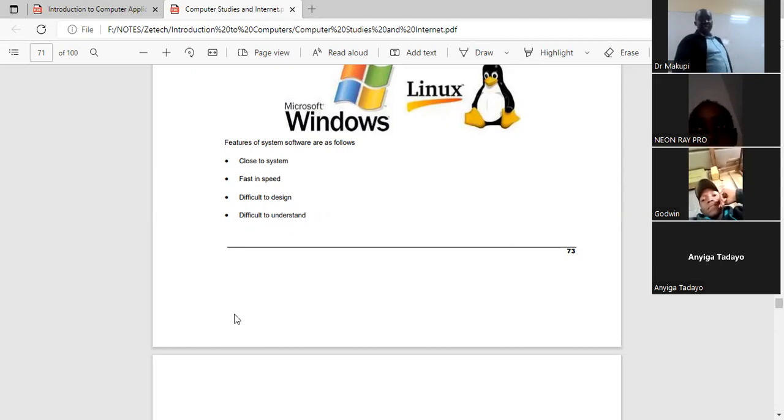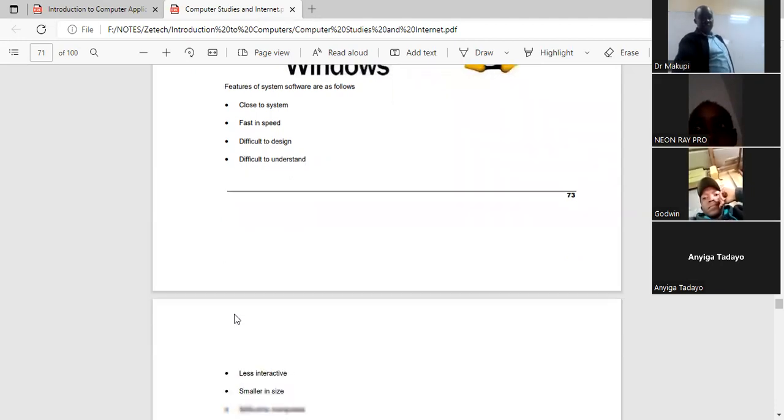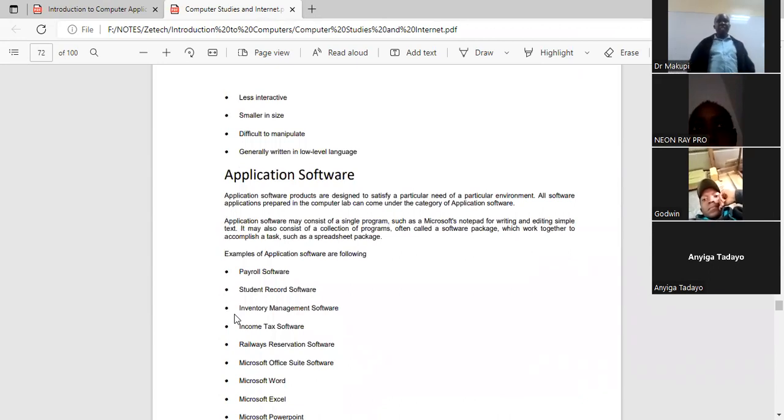Other aspects include being less interactive, smaller in size, and difficult to manipulate, generally written in low-level language. Now this takes me to discuss in detail the system software, or what we say, the operating system.